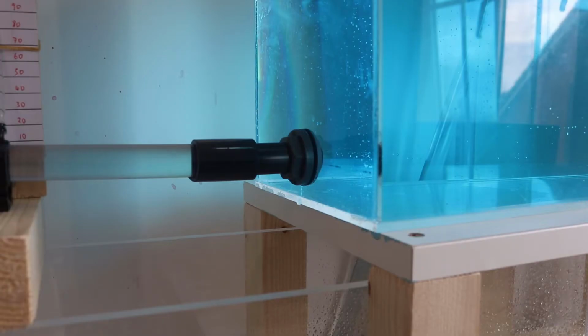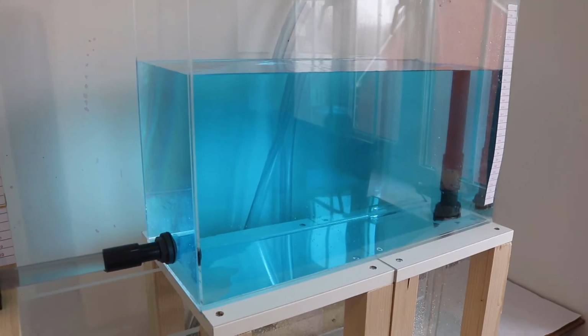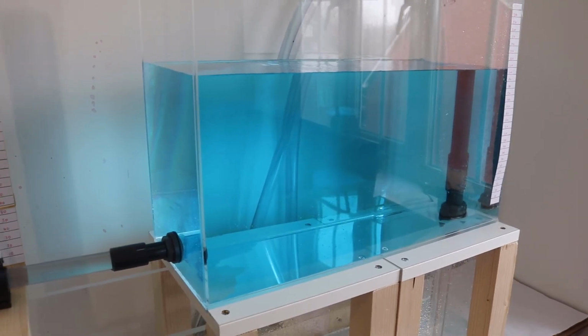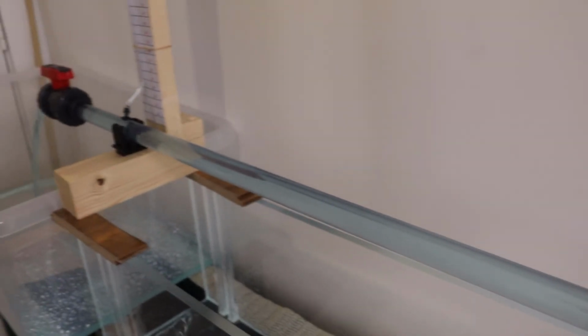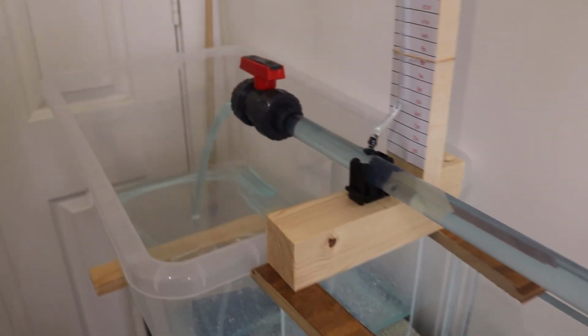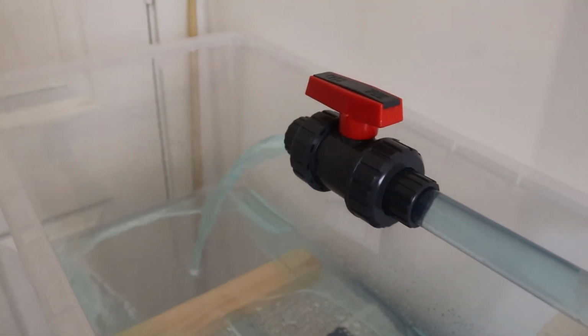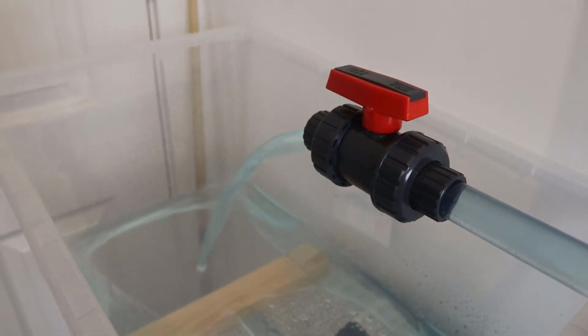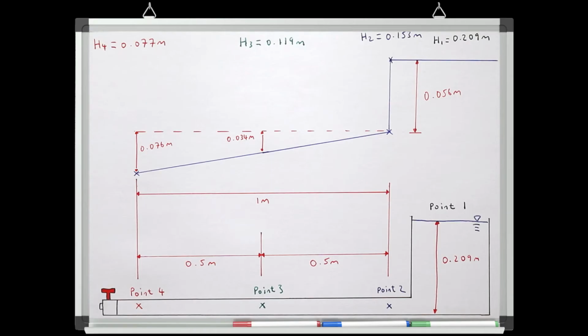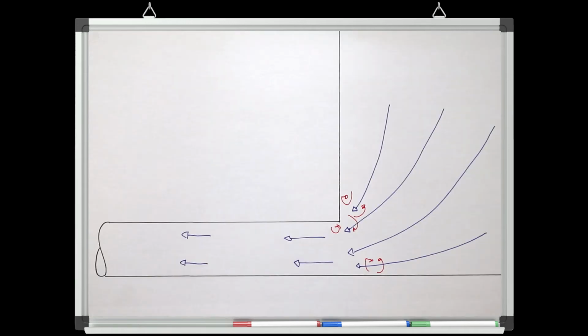It's important to understand the difference between local losses and continuous losses. Local losses are losses that occur at one particular location in the pipe, whereas continuous losses will continue however far down the pipe we travel. As our pipe exits the tank, we've lost 0.056 meters of energy as the water has forced its way into the main pipe.